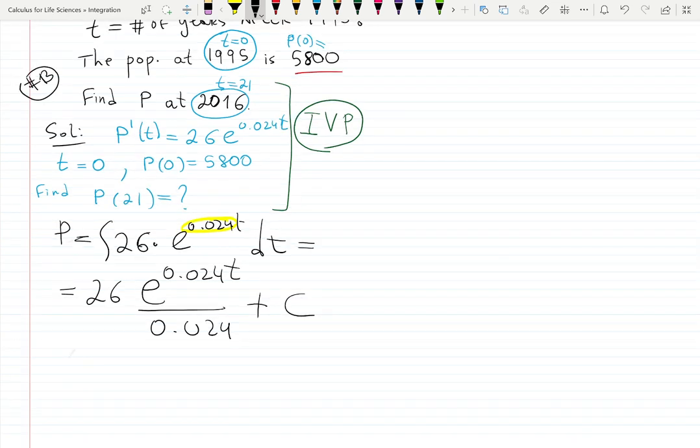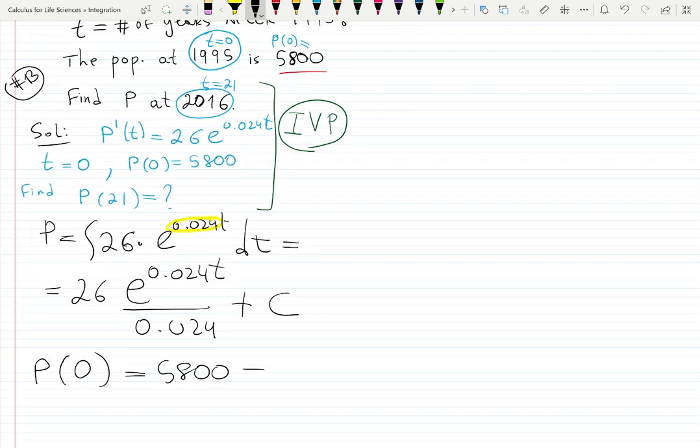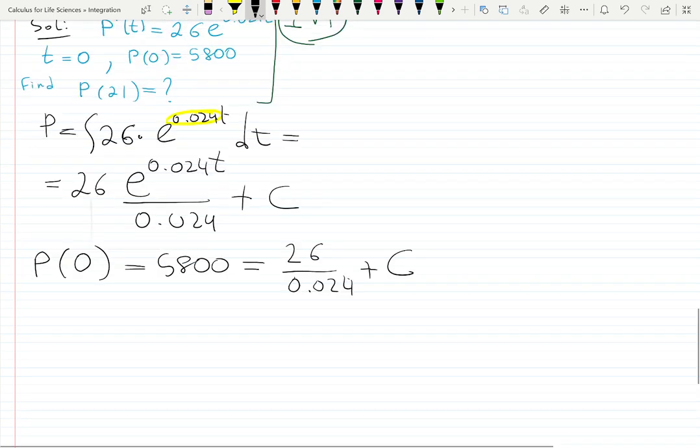To find the C, I will plug in 0, and that will give me 5800, but remember e to the 0 is not 0. That will be 26 over 0.024 plus C. Thus, that is my C. Solving for C gives you 5800 minus, what's the number?